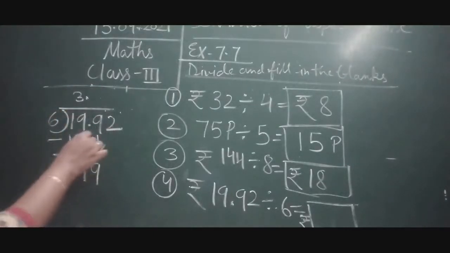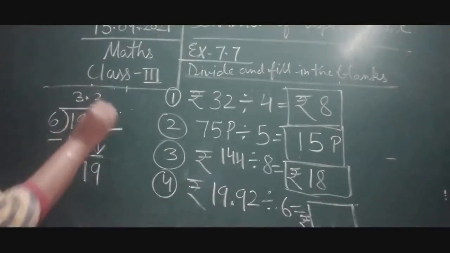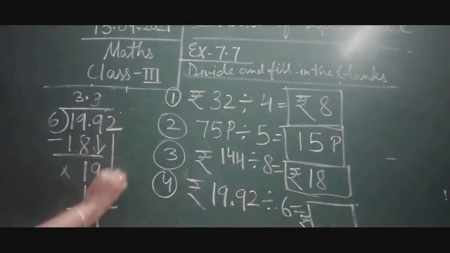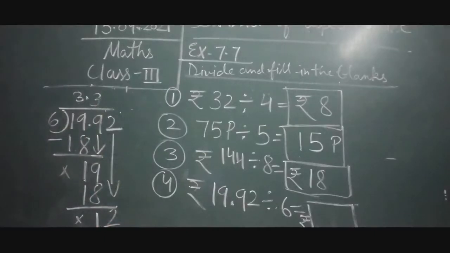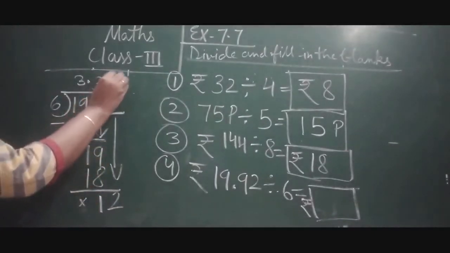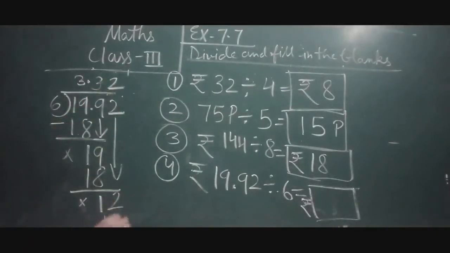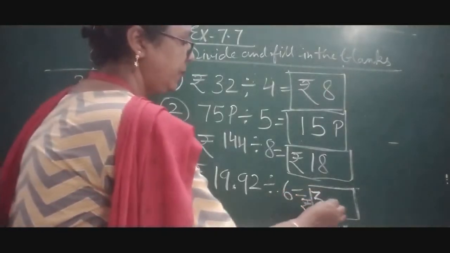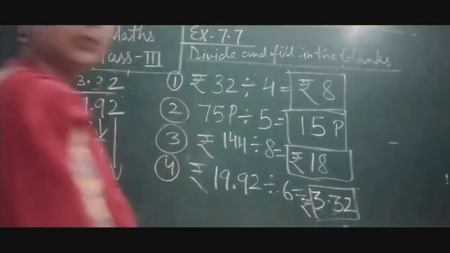Again we will see, 3 sixes are 18, 1, here we will drag 2, so 6 twos are 12. So here we will get 3 rupees 32 paise. 3 rupees 32 paise, children.